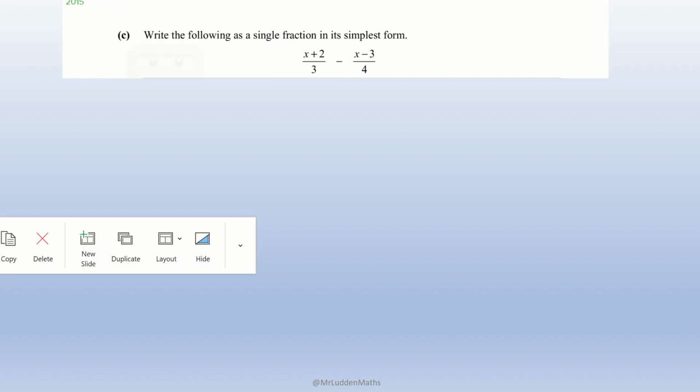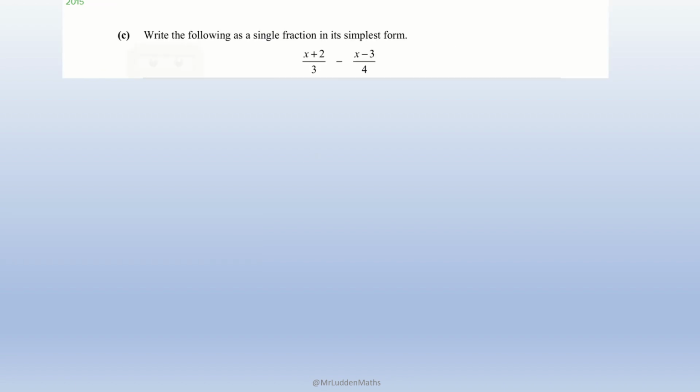So express in your simplest form. So for this one, your common denominator is going to be 12. In this one here, I've multiplied 3 by 4 to get my 12, so I've got to multiply my x plus 2 times 4 up on top.